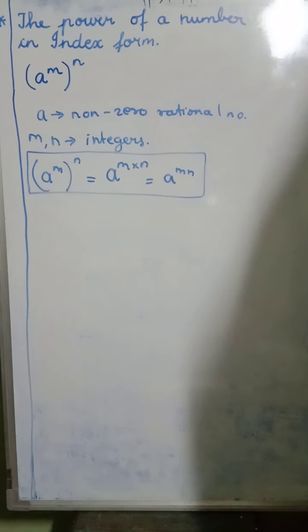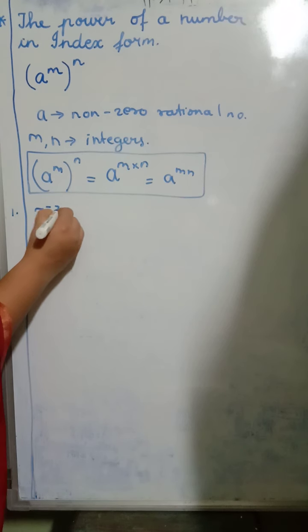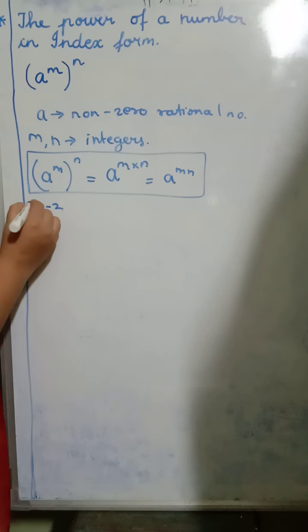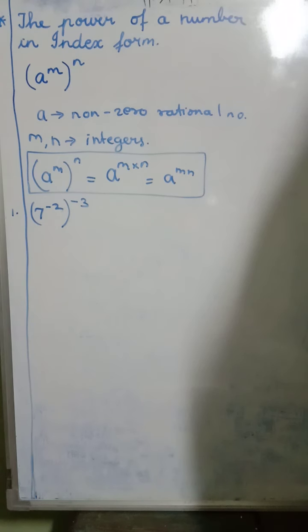One more sum I will take and show you. For example, 7 raised to negative 2, raised to negative 3. Now I have taken this in a negative way. Don't think it is difficult, it is very easy. Now just see here, children.